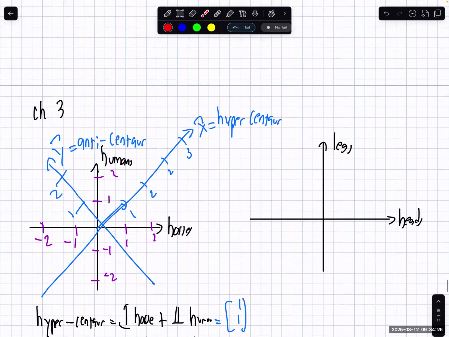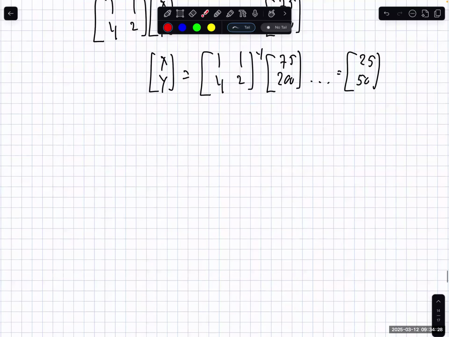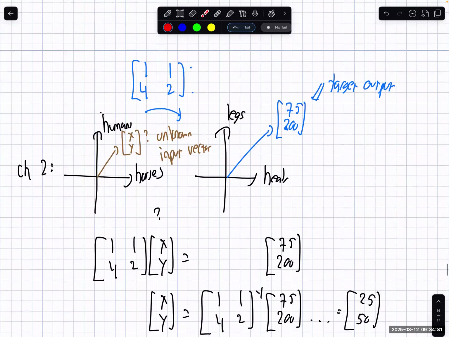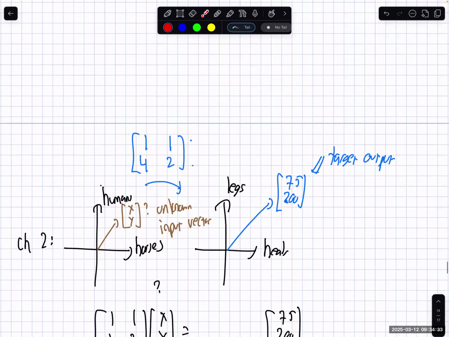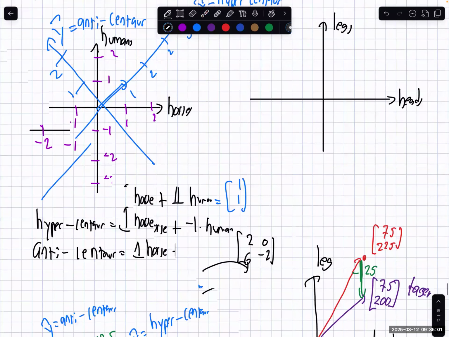So this is going to be a theme that we're going to hit in chapter 7 and chapter 8: given a matrix that represents a transformation, we want to come up with a different coordinate system so that the transformation matrix relative to that coordinate system has a lot of zeros. So the more zeros we have in the matrix, the easier it is to make the calculation. So let's talk about this.